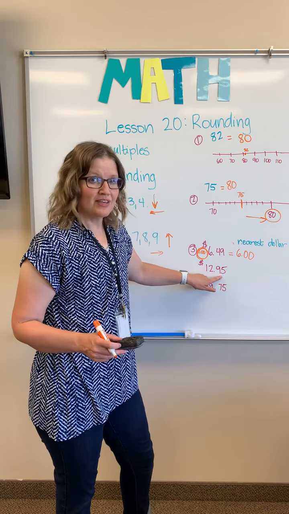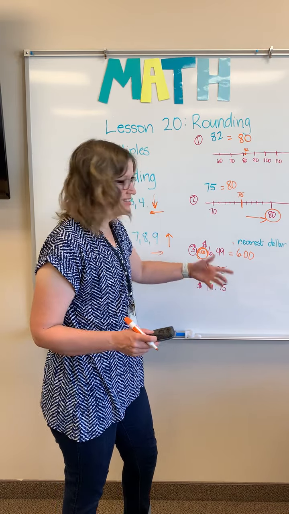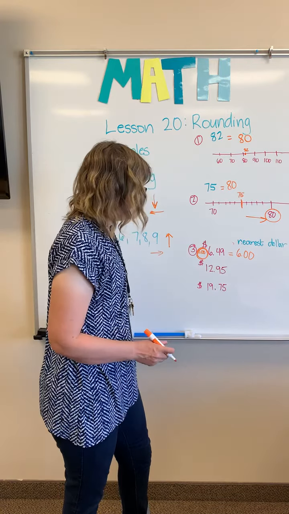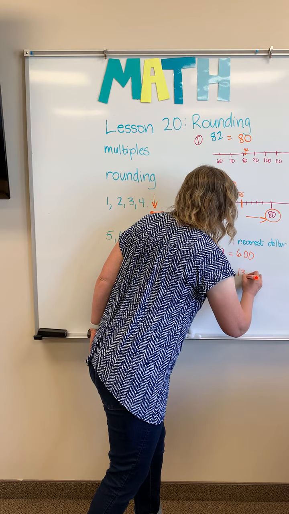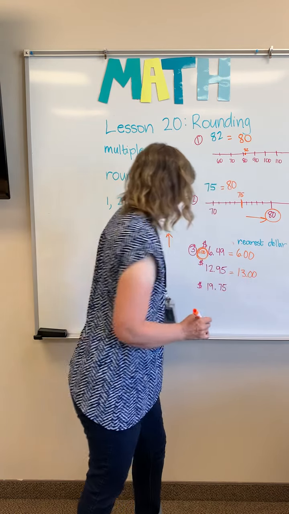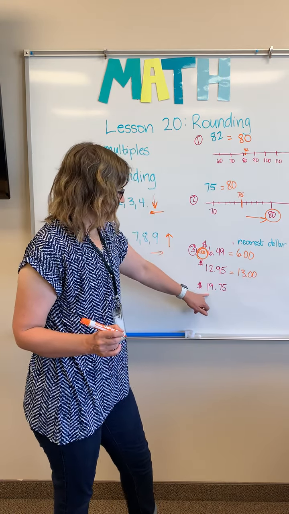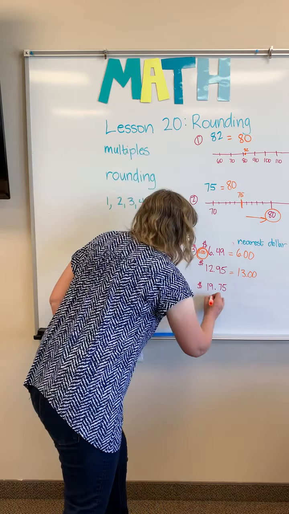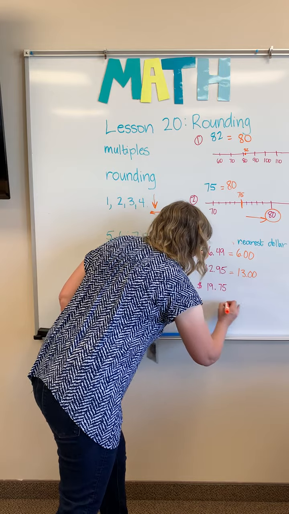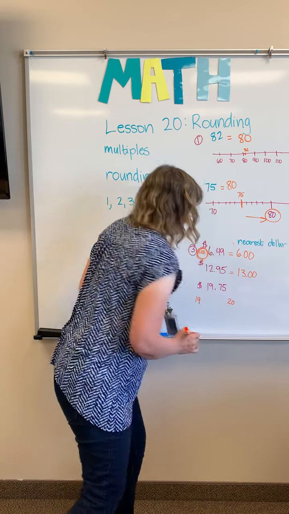What about $12.95? This one is easy to picture because it's really close to $13. And $19.75. We need to know that we can either go to $19 or $20.